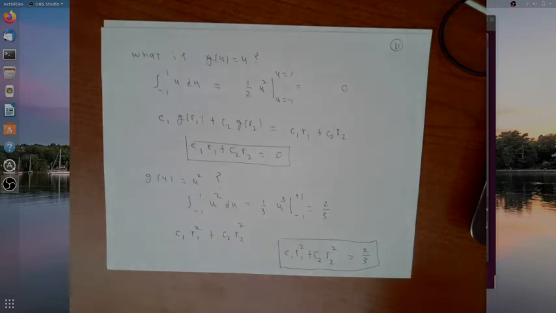On the other hand, the g function is now just the squaring function, so my approximation will be c1 r1 squared this time plus c2 r2 squared. That number needs to be 2/3. I now have three equations.